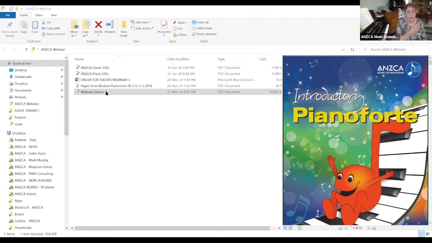Right? And so when you put dynamics in there, that's improvisation because there's none there. It's something that you've added.